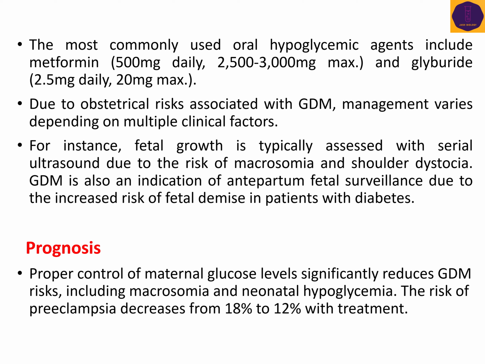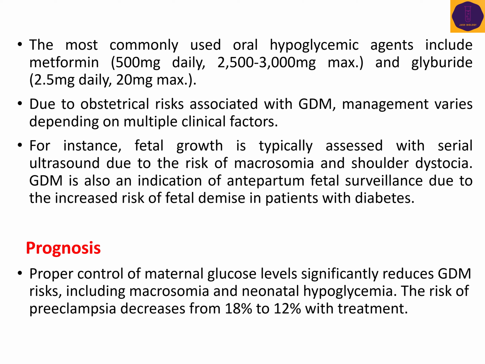Due to obstetrical risk associated with gestational diabetes mellitus, management varies depending upon multiple clinical factors. Fetal growth is typically assessed with serial ultrasounds due to the risk of macrosomia and shoulder dystocia.